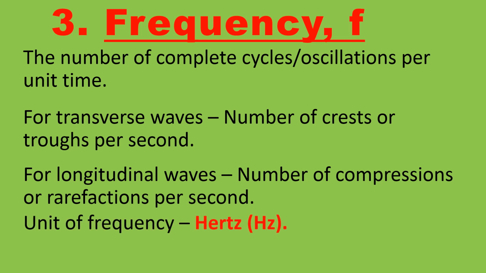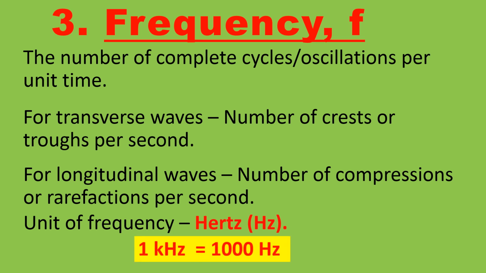The unit of frequency is Hertz, which is usually represented using the symbol capital H, small letter z. A bigger unit for frequency is kilohertz, whereby 1 kilohertz means 1000 hertz.